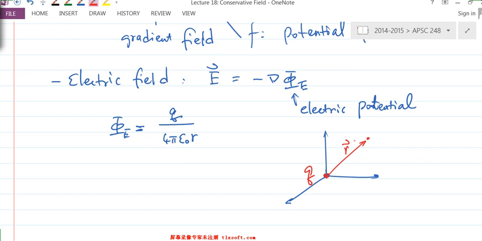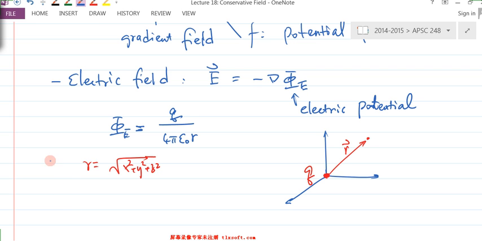Then what is the electric field caused by this point charge Q? You can apply this formula, E equals negative del phi, to calculate E. There's really no mystery here. R is basically the distance from here to here, so r equals the square root of x squared plus y squared plus z squared. Plug it in here, calculate three partial derivatives, and you'll find the electric field.